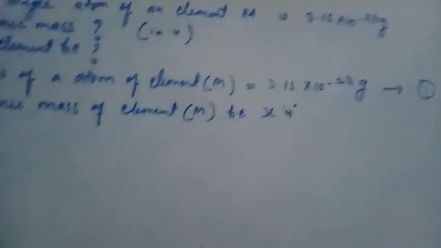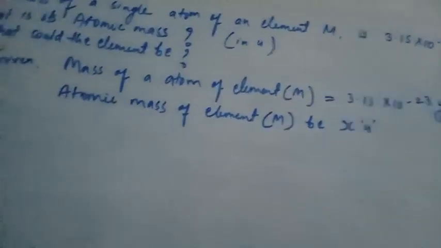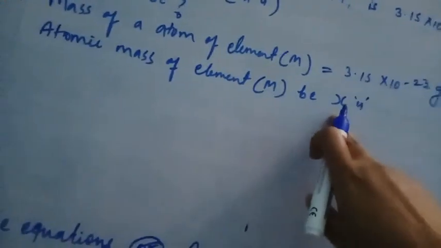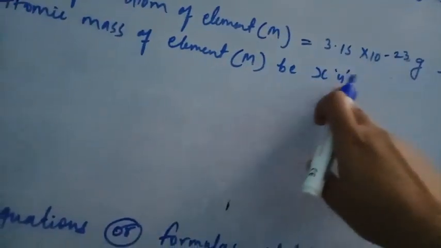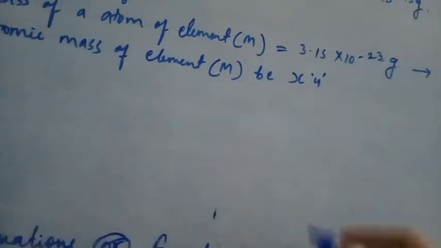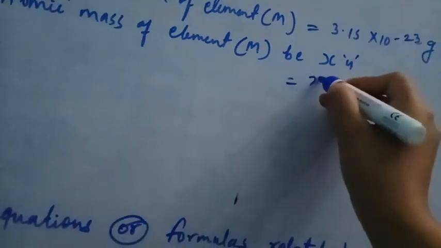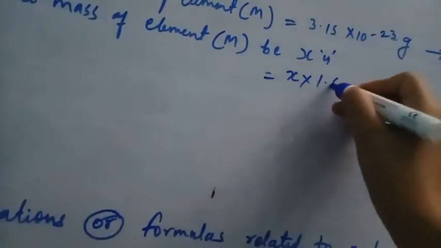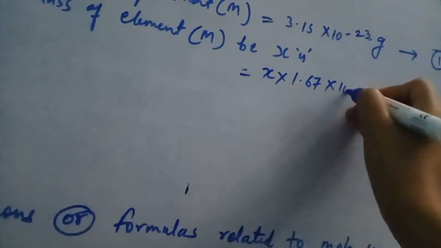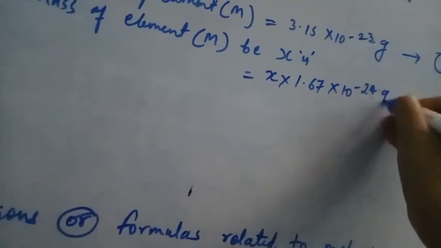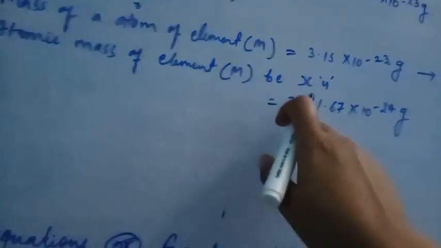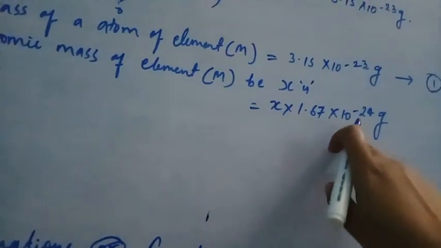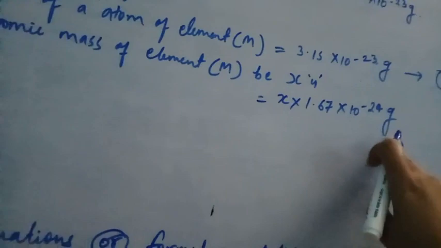If we have to express this value in gram, we can write X U is equal to X into 1.67 into 10 to the power minus 24 gram. So the atomic mass of element M is equal to X into 1.67 into 10 to the power minus 24 gram.